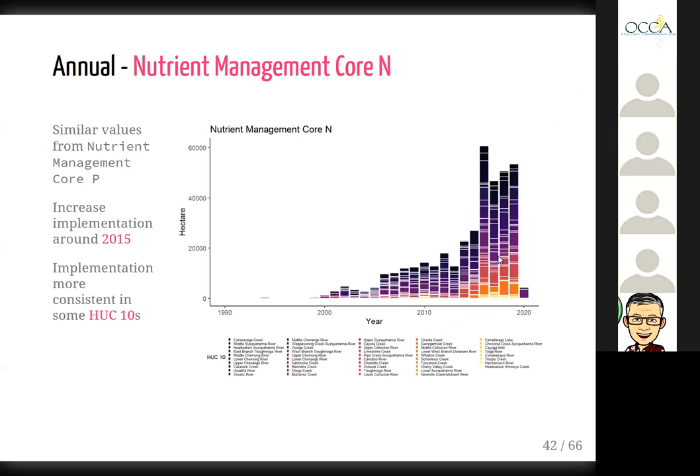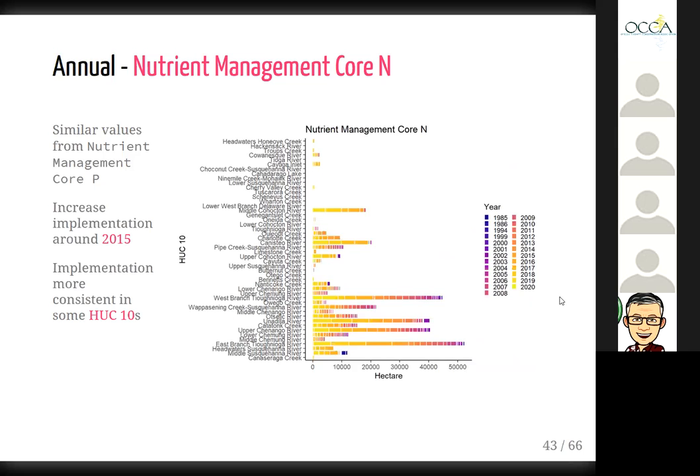And so this is now an annual cumulative, annual sum. So instead of having them in box plots, you actually see how much BMP has been implemented in the whole watershed, right? And you really do see this sharp increase in the past 5 years compared to the previous decade.